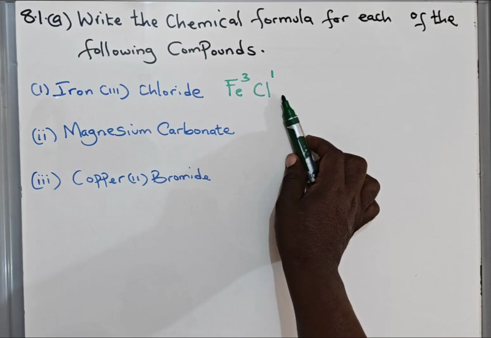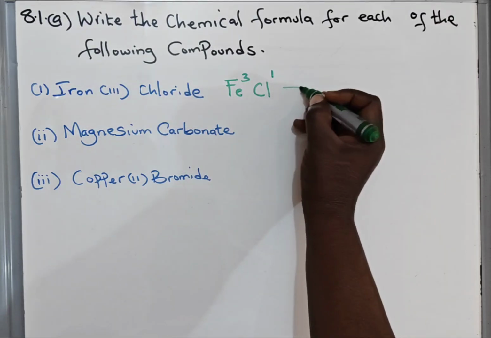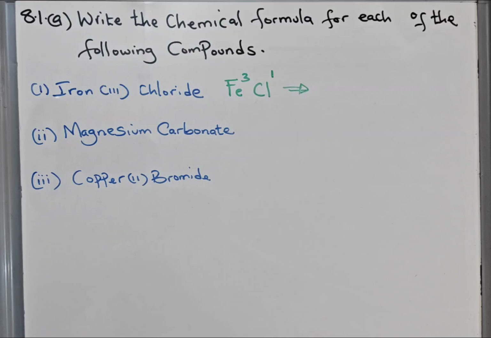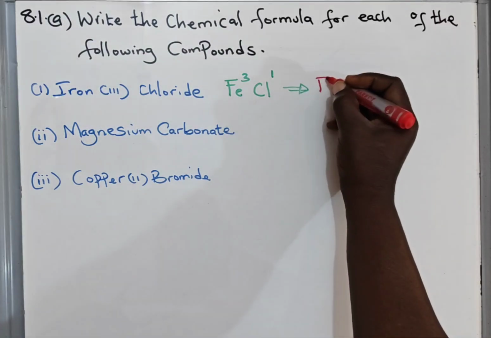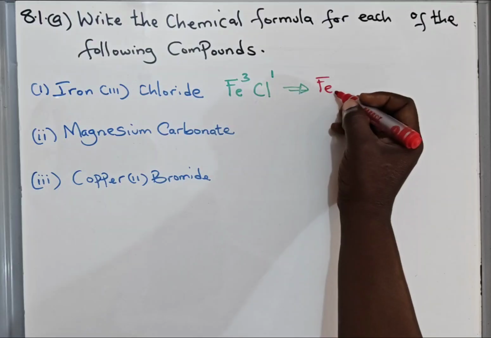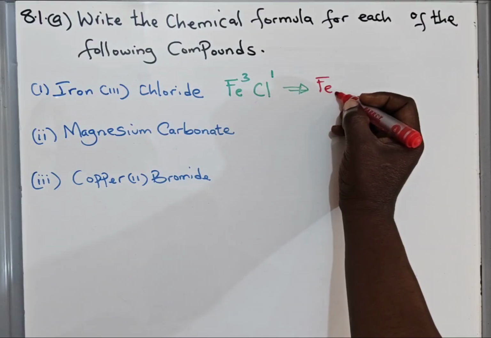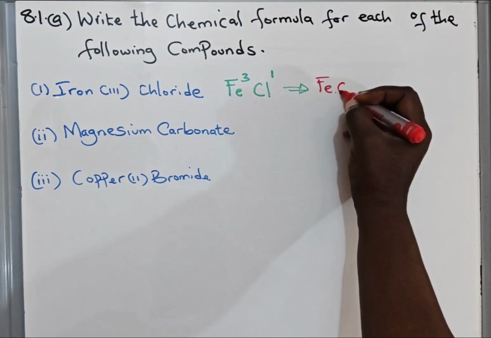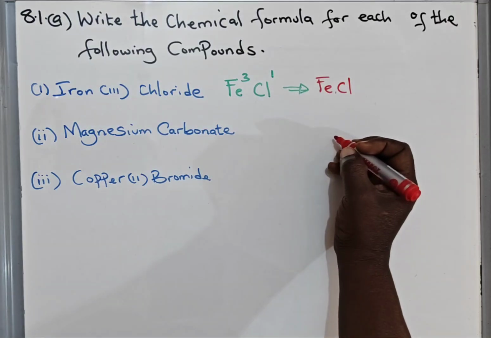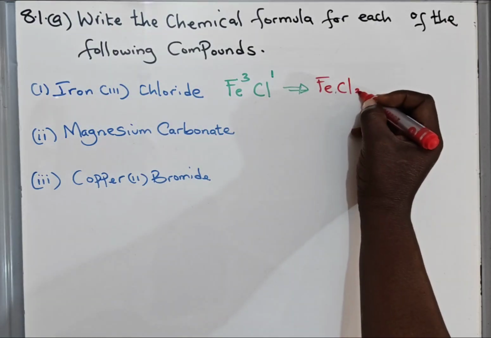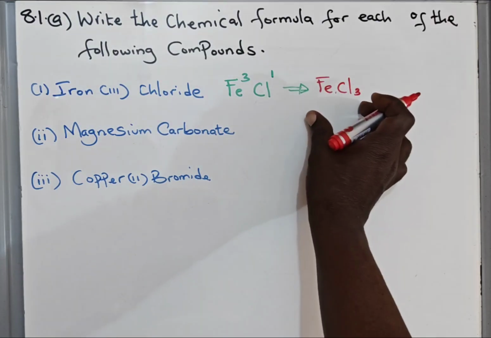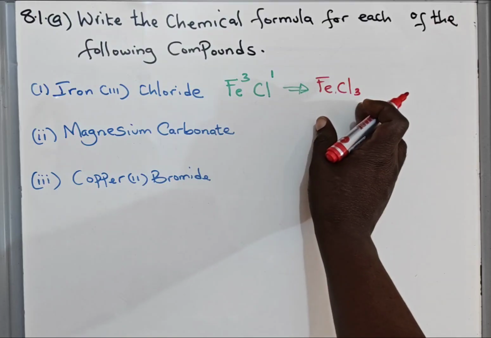It is the exchange. So the chemical formula is Fe, we should have 1 here but we don't write 1, then Cl with the 3. This is the iron(III) chloride formula, FeCl3.